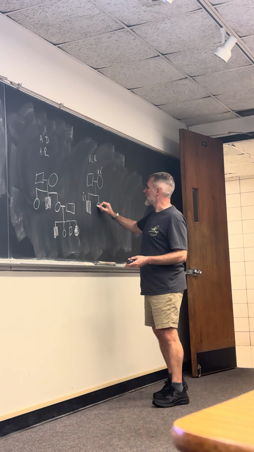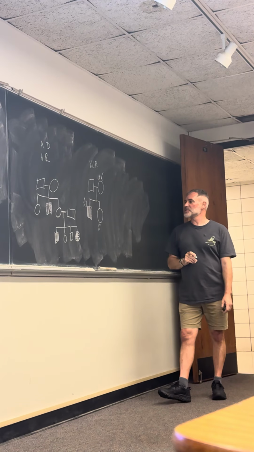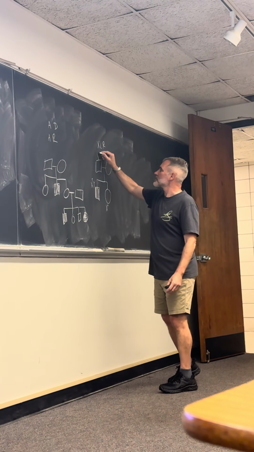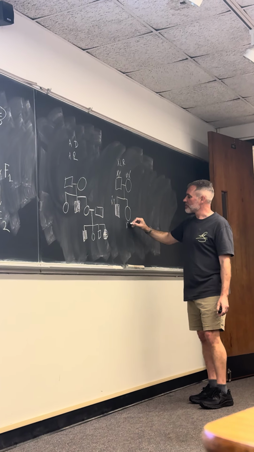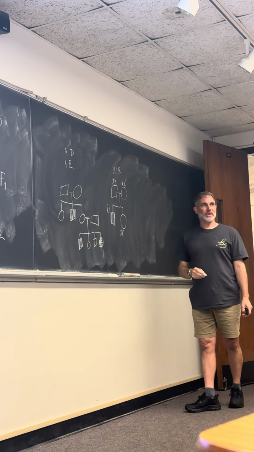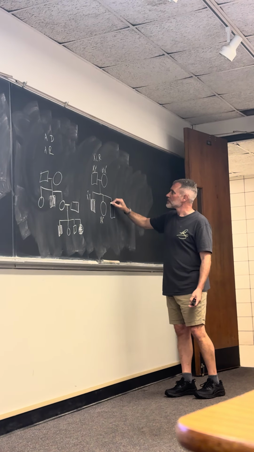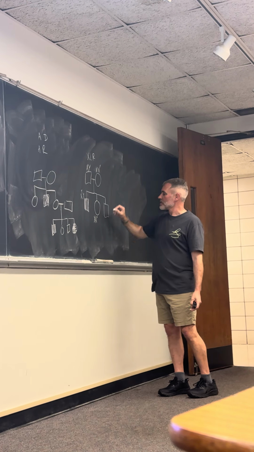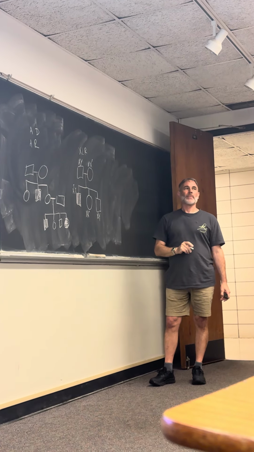If she had a daughter, and she gave that daughter her recessive gene, but the father, who doesn't have it, or he'd be shaded in, gave her the regular X, she'll be a carrier. And she could have a son to whom she gives her unaffected X, and he would be unaffected.